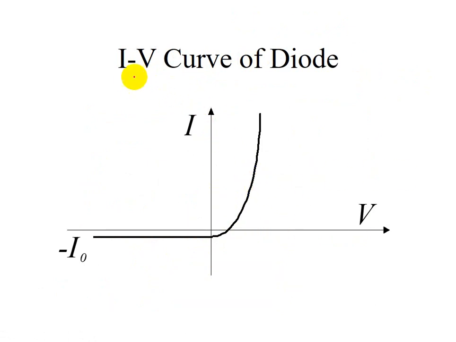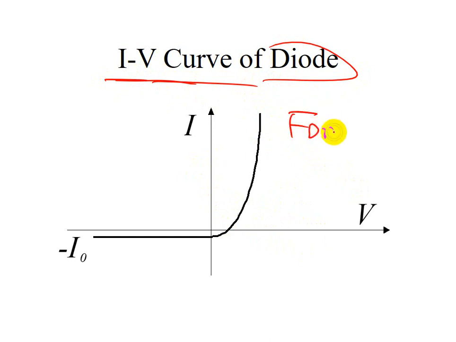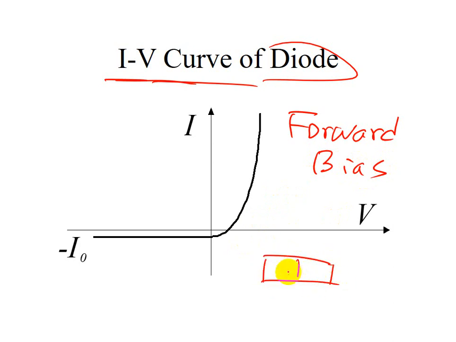So let's look at the current and voltage curve for a diode. When you have positive bias, that means forward bias, this P and this N are connected to an external power supply, positive and negative.